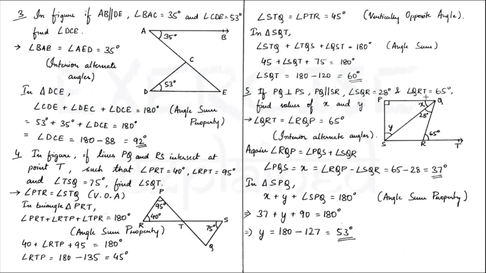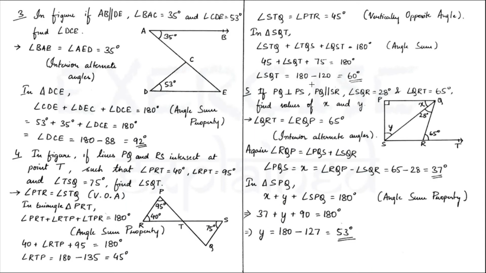PQR we just found out to be 65 degrees. So 65 minus SQR is going to give me the value of X. So that's what we have done here. RQP is this entire angle minus SQR, that is this angle over here. That's going to give us 65 minus 28, that's equal to 37 degrees. So we have got the value of X.